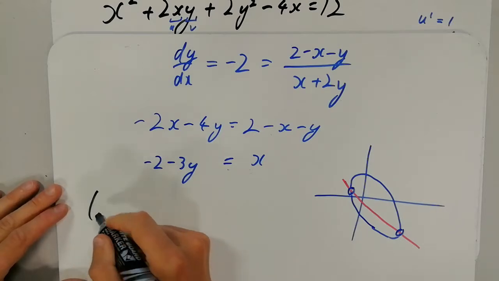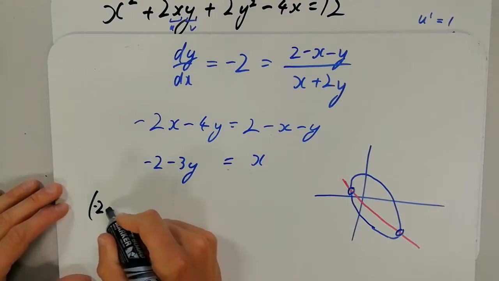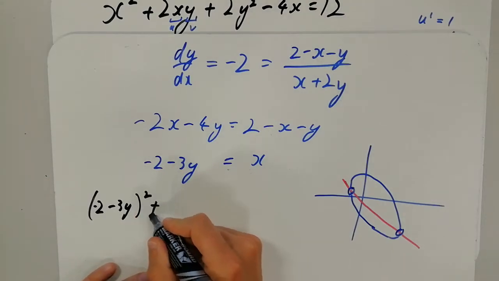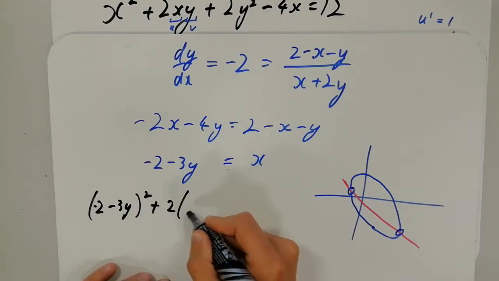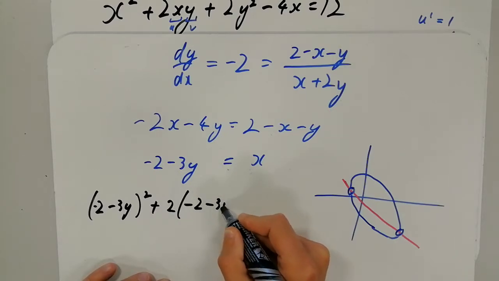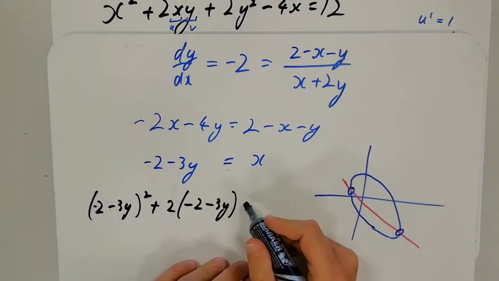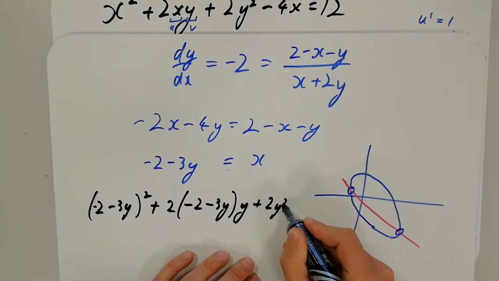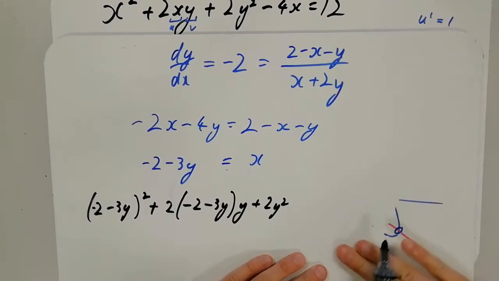So I'm going to get (minus 2 minus 3y) squared, plus 2 lots of (minus 2 minus 3y) times y, plus 2y squared. Let's get rid of that little sketch.